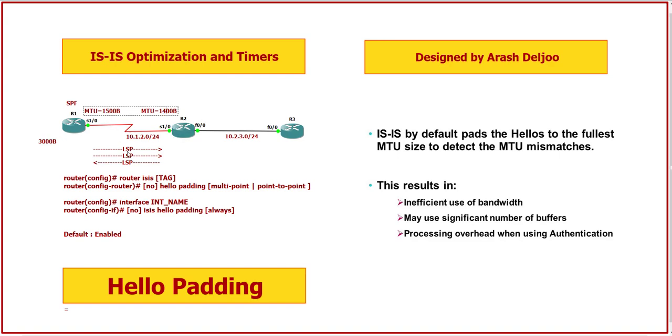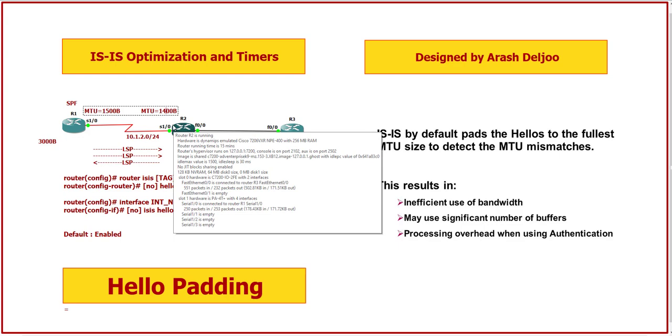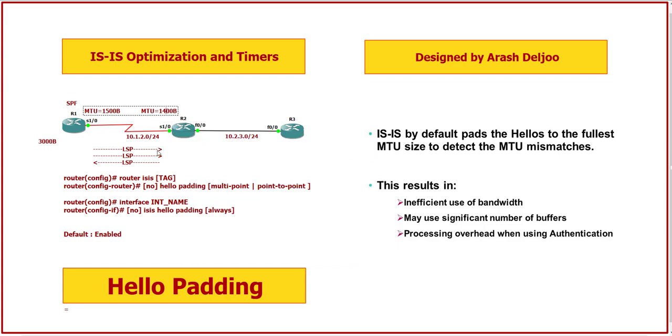If I send an LSP with the size of 1500 bytes, R2 can't receive the packet because this is bigger than the MTU of the interface of R2, and because of that, R2 should drop the packet. And finally, because of this consideration, ISIS requires equal MTU between two routers for neighborship.